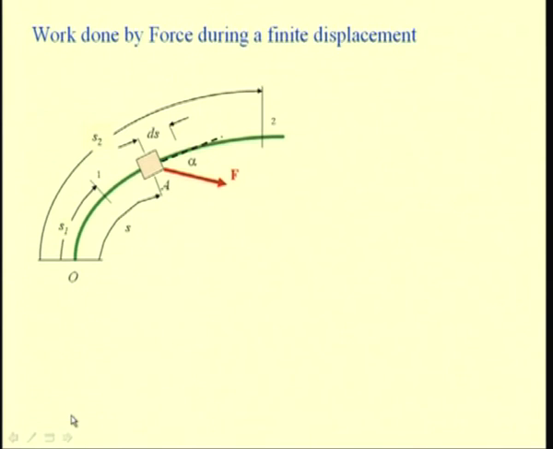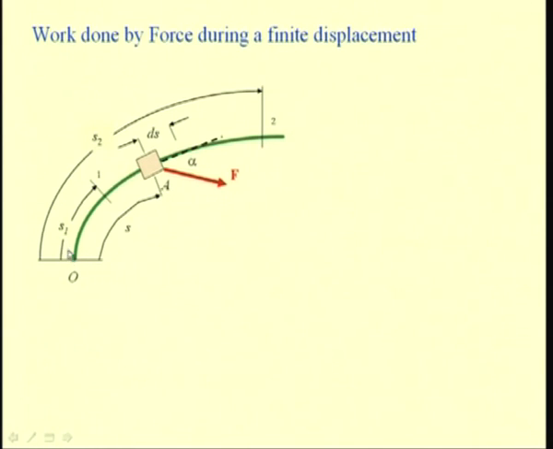So, let us consider an object or a particle that is being acted by this force F, and the body or the particle moves along this path when this force F is being applied.